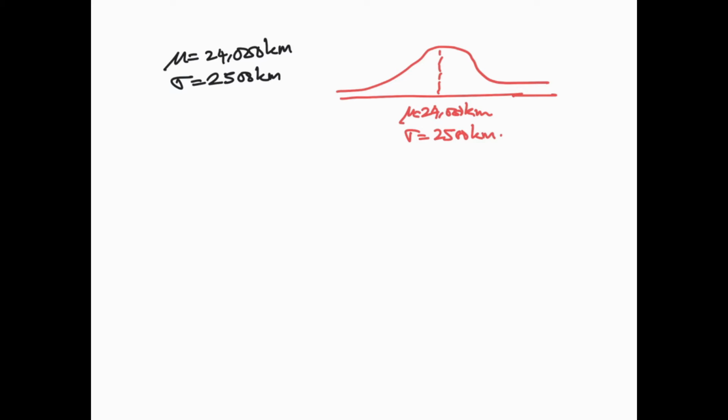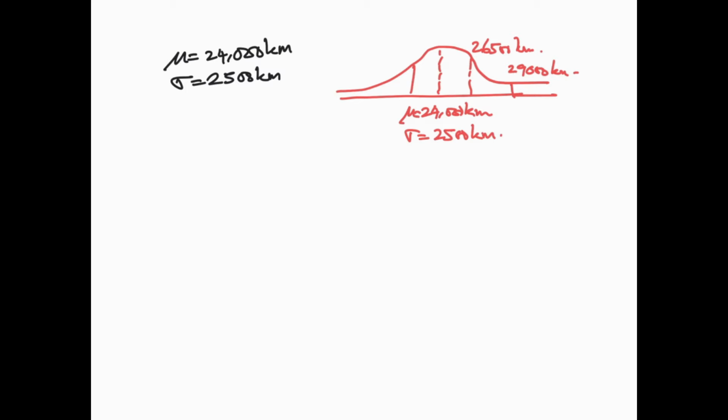So 20,000. Since the standard deviation is 2,500, if you add one more standard deviation, you will have 26,500 over here, and then another 2,500 will give us 29,000. So that's two standard deviations.